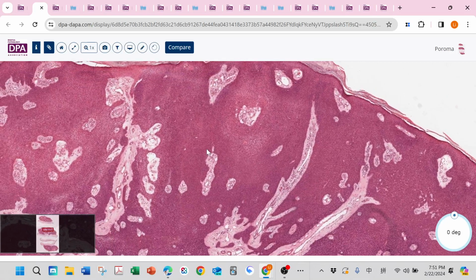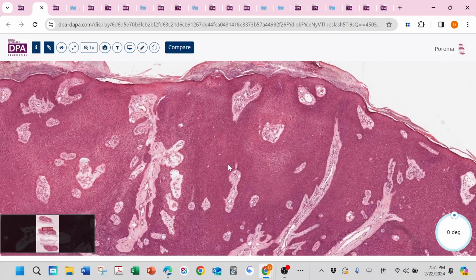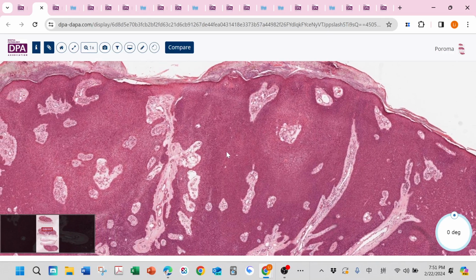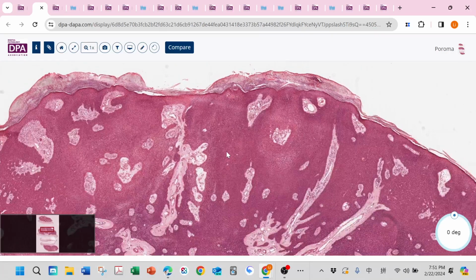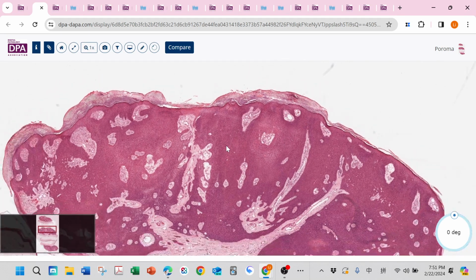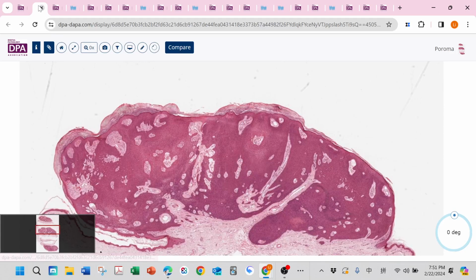But NUT is usually not positive in squamous cell carcinoma. So I think this is one of the helpful markers, but the sensitivity is not really good. It's around 60%. So if you want to prove this is a poroma, positive is helpful. But if it's negative, you just cannot rule it out.